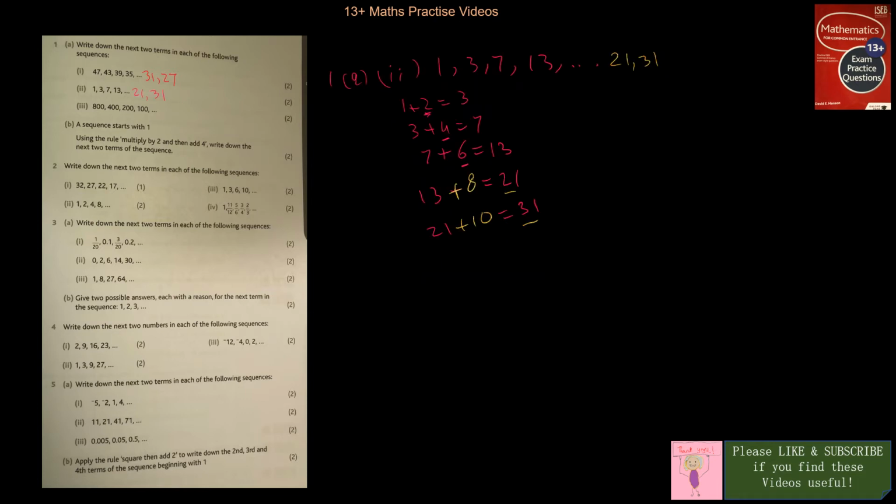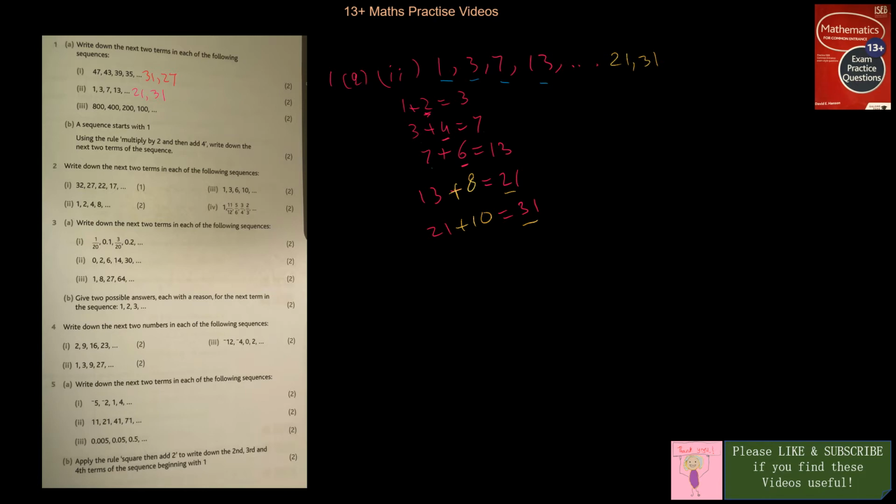The next question is 1, 3, 7, 13. So what do I do there? 1 plus 2 is 3, and 3 plus 4 is 7, and 7 plus 6 is 13.